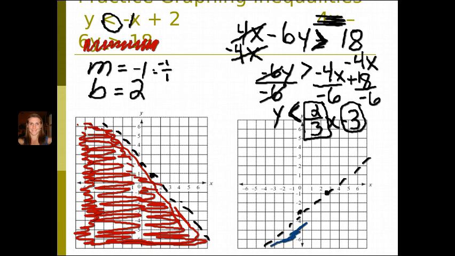The solution to this inequality would be everything that is shaded in blue on this graph, and it would not include any ordered pairs or points that would lie on the boundary line, but everything that is below the boundary line.